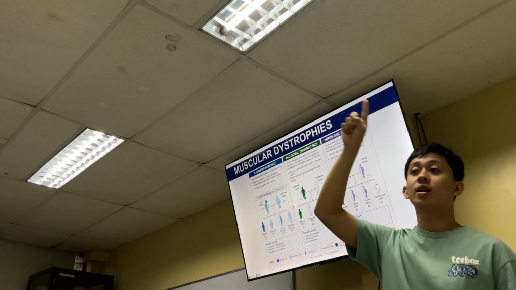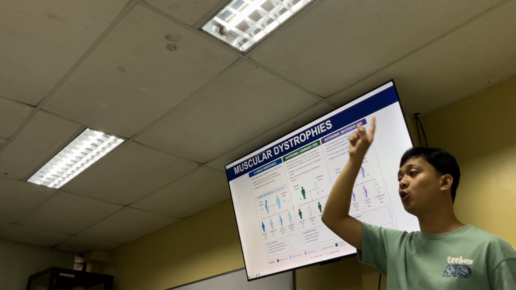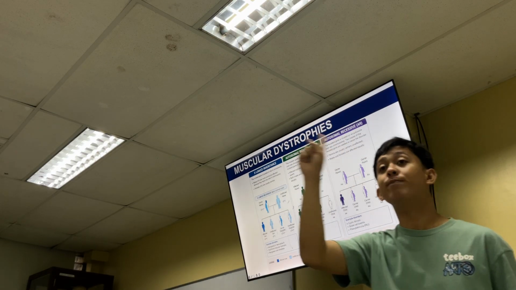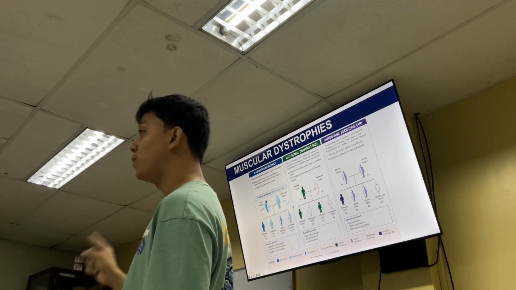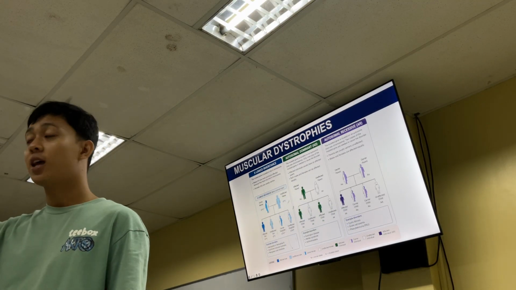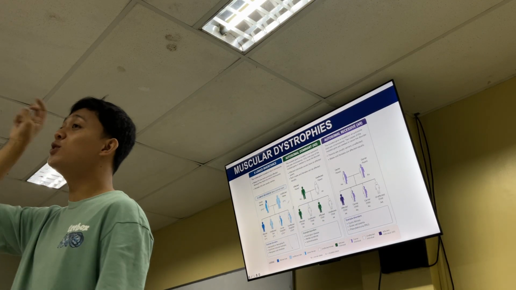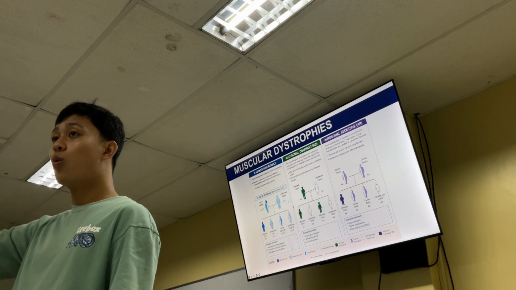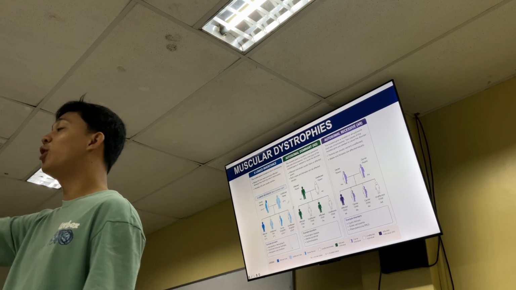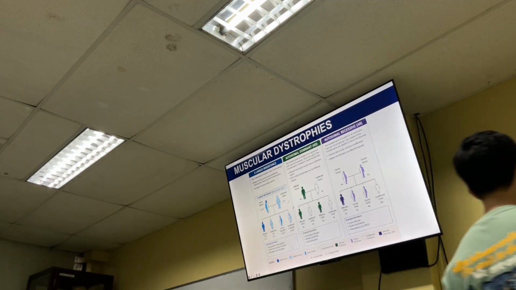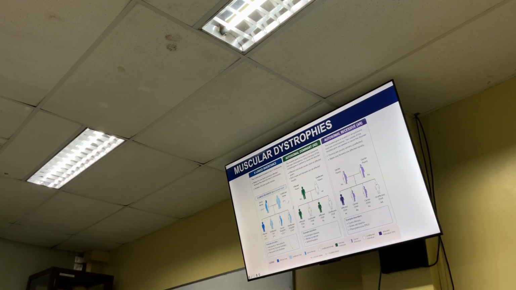One pair is considered your sex chromosome. So only one pair of sex chromosomes, which is either X or Y. In a female, obviously, it is XX chromosome, and your male is XY.